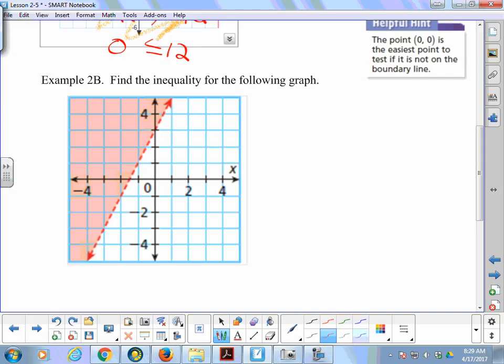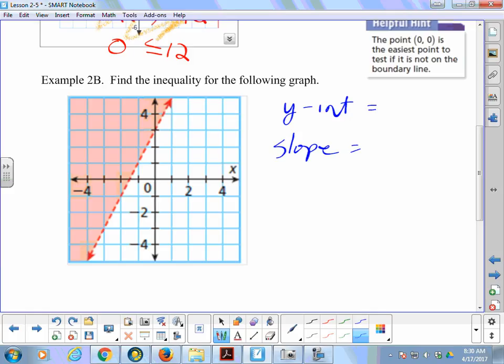So we need to find the y-intercept and the slope. That's the first two things we need to do. They give us the line. We need to find the y-intercept and the slope.